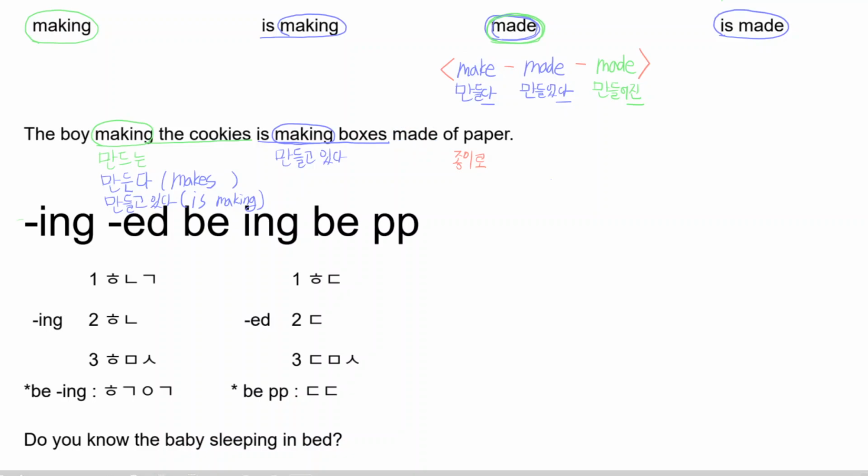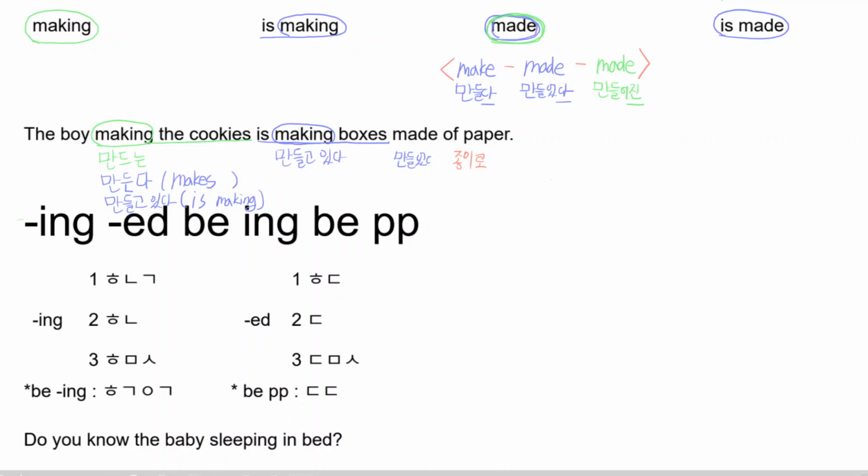What do you think? We could try either way, right? So if it's 만들었다, does this sentence make sense? The boy, 남자아이, 쿠키를 만드는 남자아이, 만들었다 박스를, 만들었다 종이로. It doesn't really make sense, right?